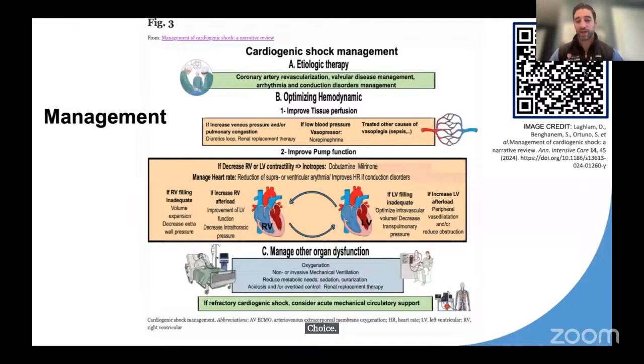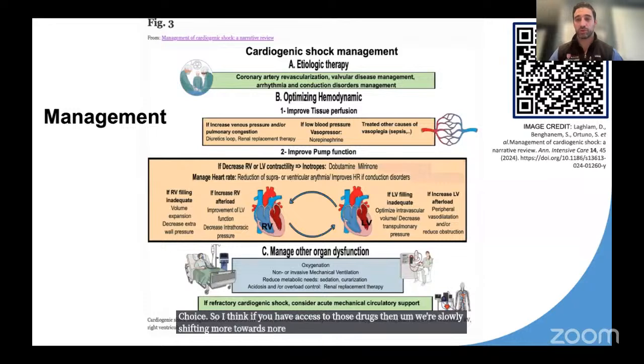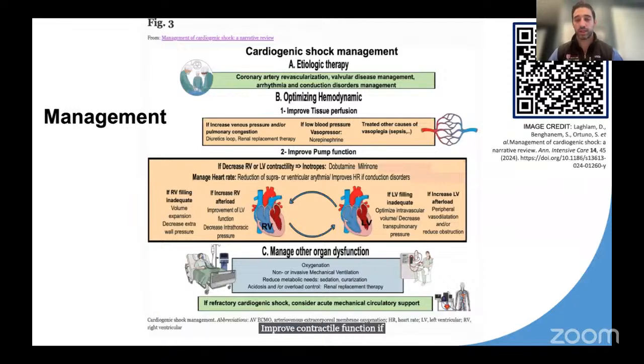So I think if you have access to those drugs, then we're slowly shifting more towards norepinephrine to restore perfusion pressure, and then an inotrope to improve contractile function if they're still hypoperfusing.